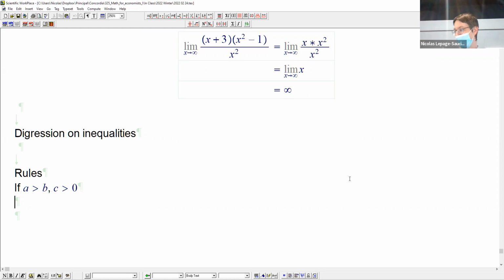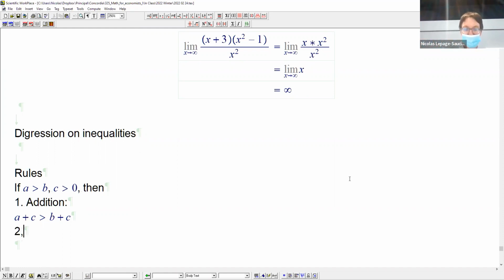Then, addition: A plus C. If I add C on both sides, it is going to be greater than B plus C. So I start with A is greater than B, and if I add the same thing on both sides, then it shouldn't change the sign of the operator.